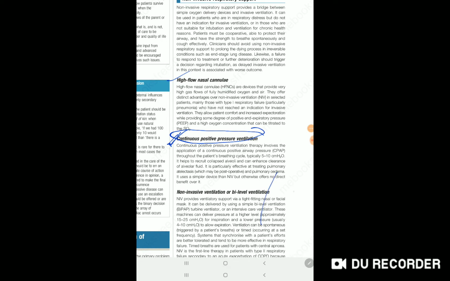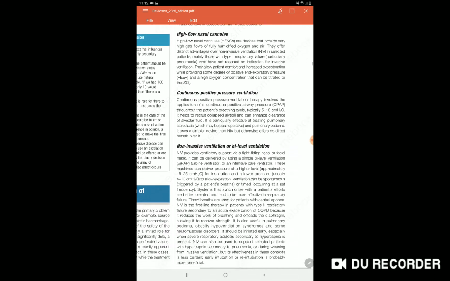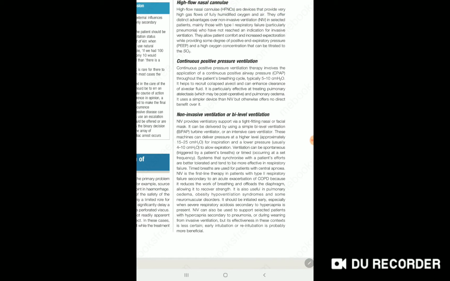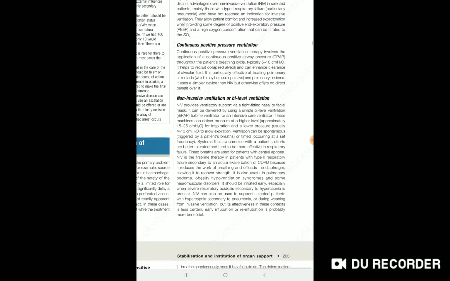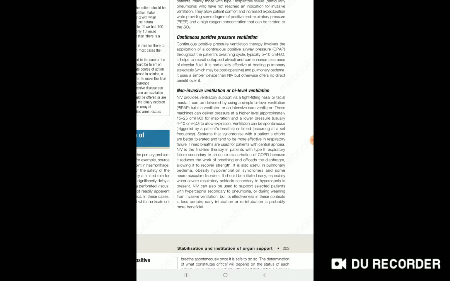Another way of giving non-invasive ventilation is bilevel ventilation, that is, a pressure during inspiration and also during expiration. It is usually given by a turbine ventilator or an intensive care ventilator. In this mode, the air pressure during inspiration is about 15 to 25 centimeters of water, and the expiration phase is a lower pressure, such as 5 to 10 or 4 to 10.